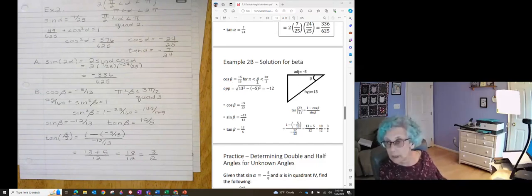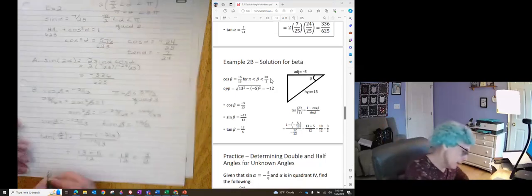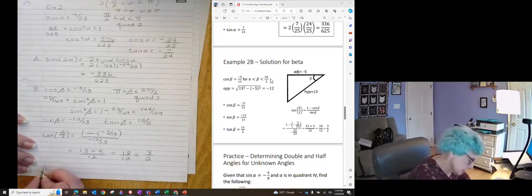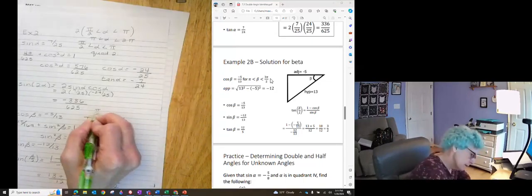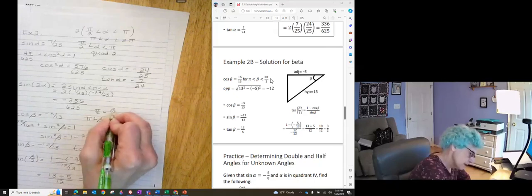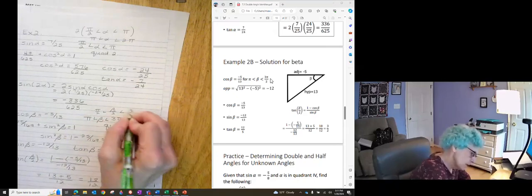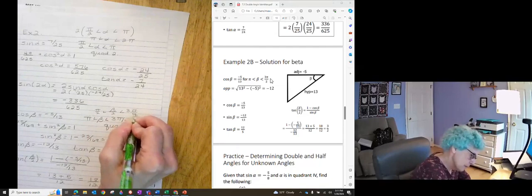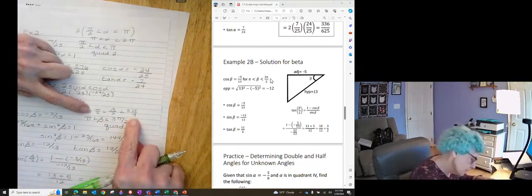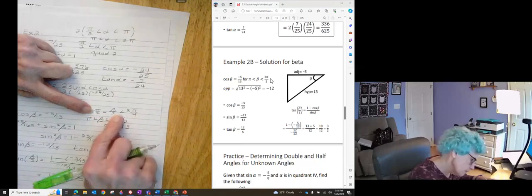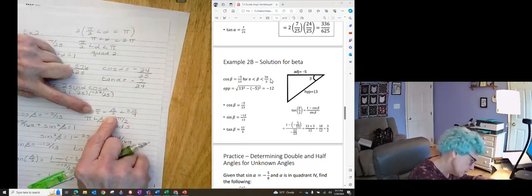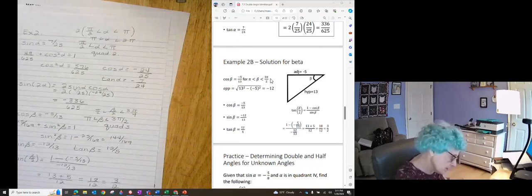And since beta was between pi and 3 pi halves, just a little error checking for ourselves, then pi halves is less than beta over 2 is less than 3 pi over 4. So beta over 2 lives up above the axis.